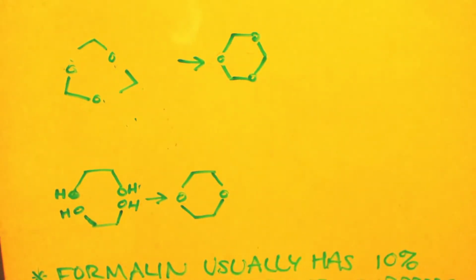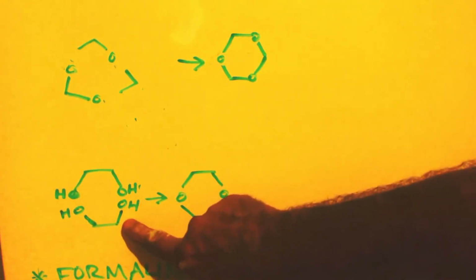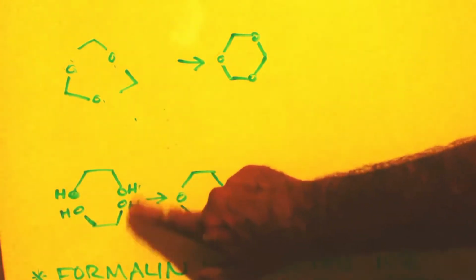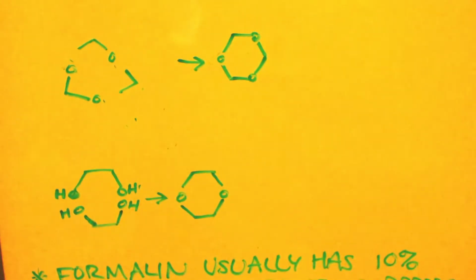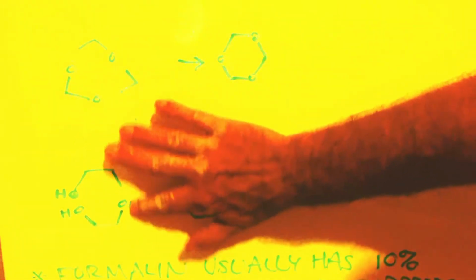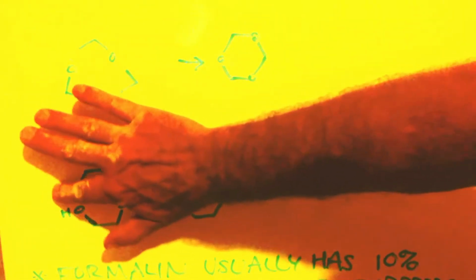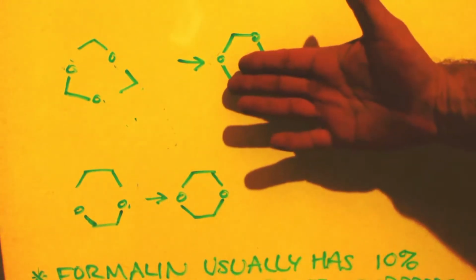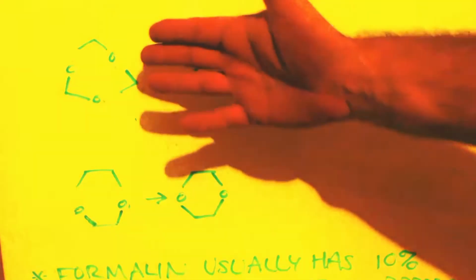If you think about it, this is the same way when you make 1,4-dioxane from ethylene glycol, or 1,2-ethane diol. See how I got the 2 ethane diol molecules next to each other, and you take out the H2O, and you got 1,4-dioxane. It's the same deal up here, but you're doing it with formaldehyde.